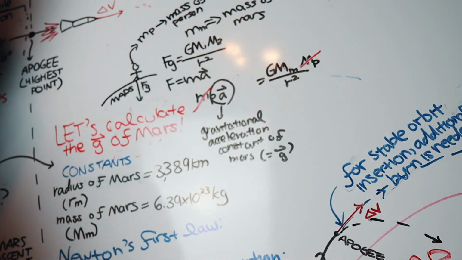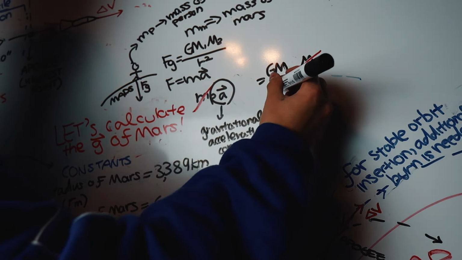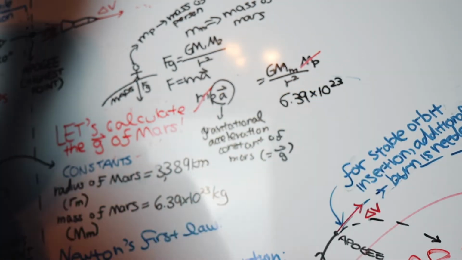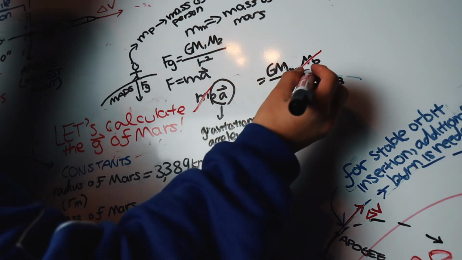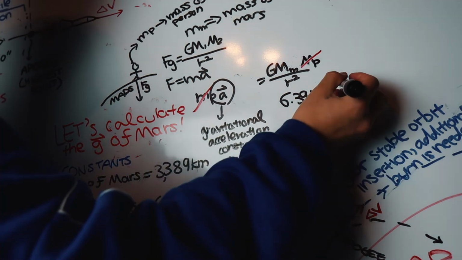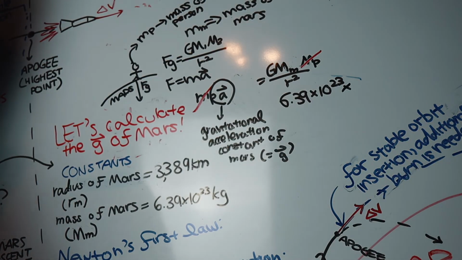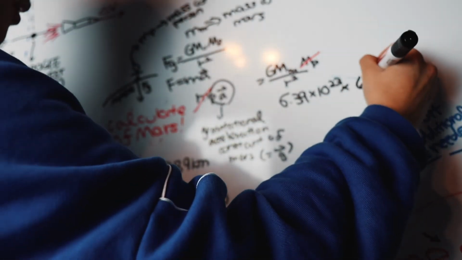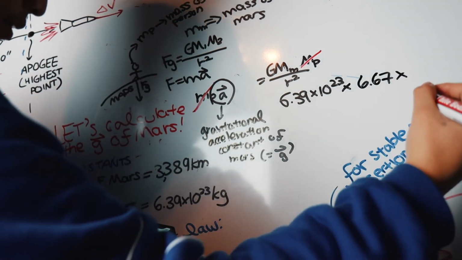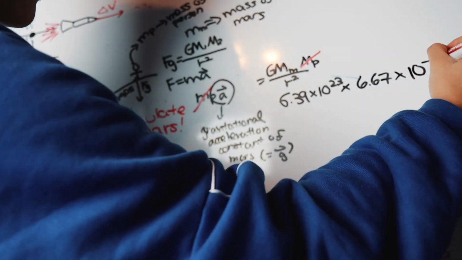So what is mm, the mass of Mars? According to Google, it's 6.39 times 10 to the power of 23. And what's the value of G? As you recall, the universal constant of gravitation is about 6.67 times 10 to the power of negative 11.